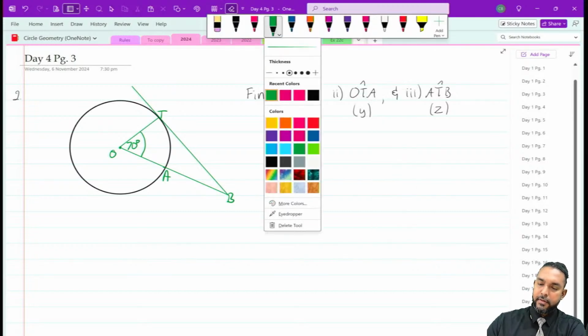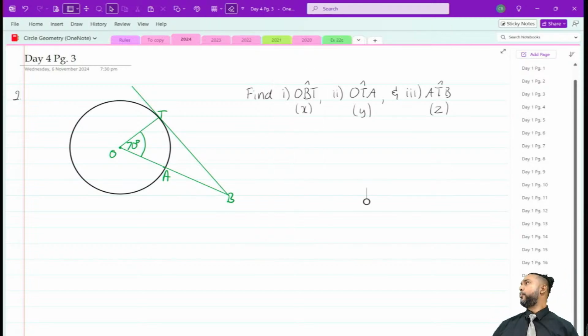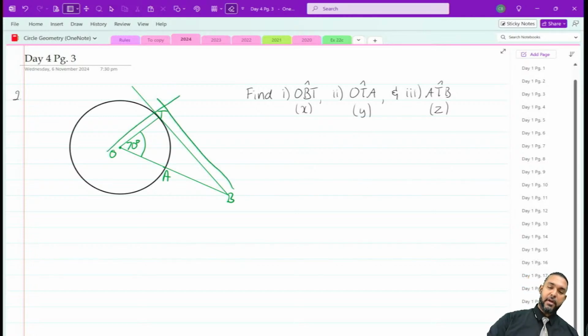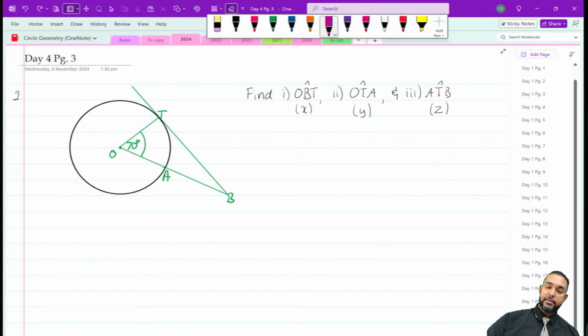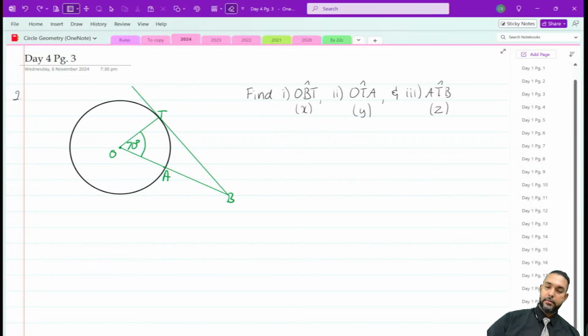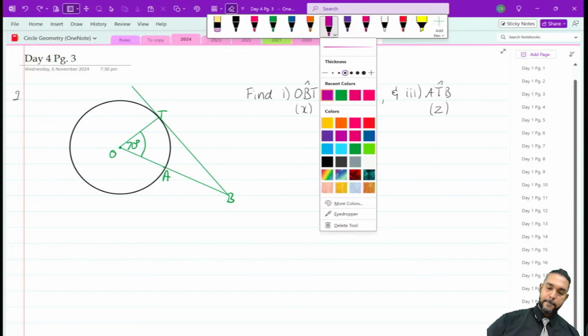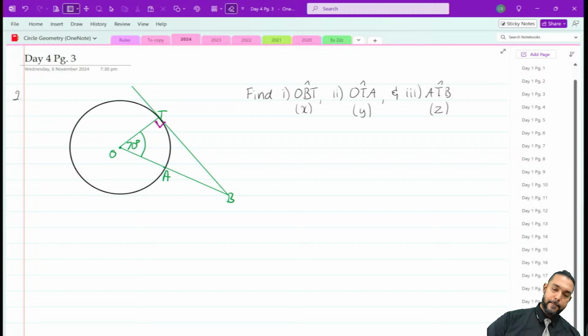All right. So at the outset, what was the rule we learned about today? Yeah. Between tangent and radius is 90 degrees. So the tangent is here, radius is here. So our 90-degree angle is here. Right. So OTB is equal to 90 degrees.